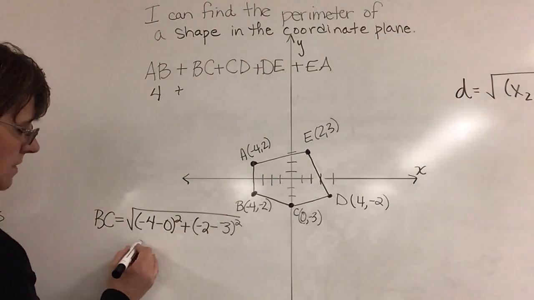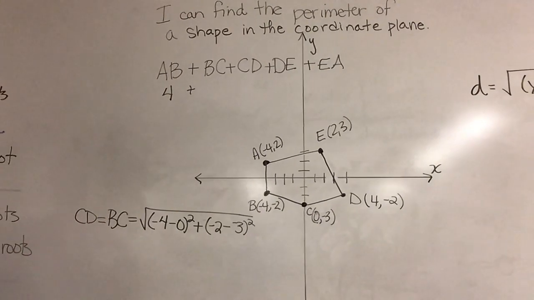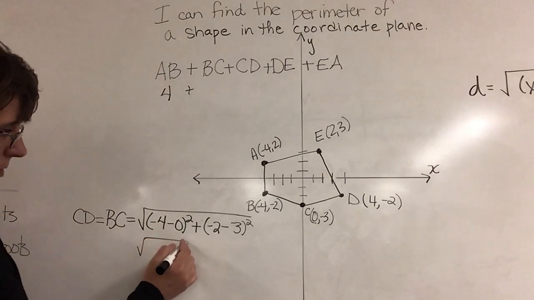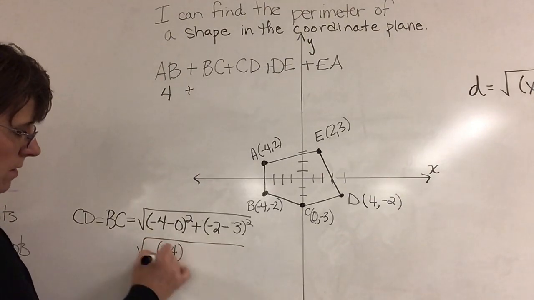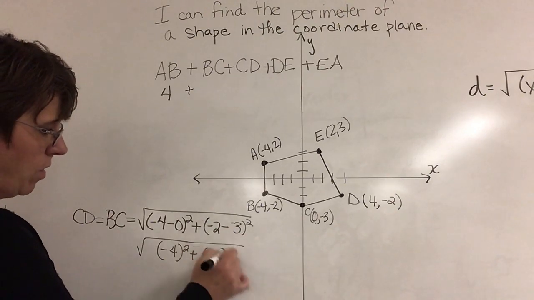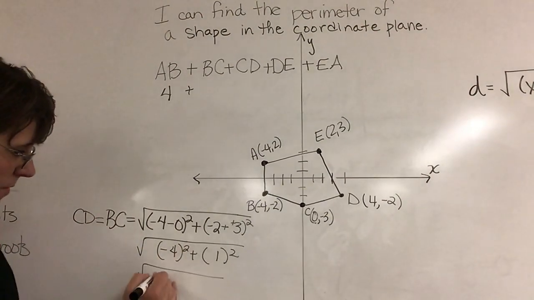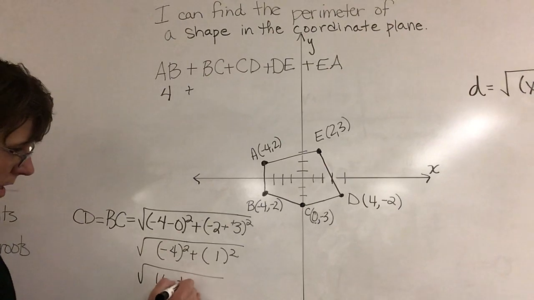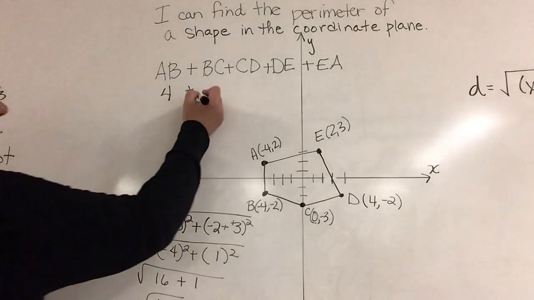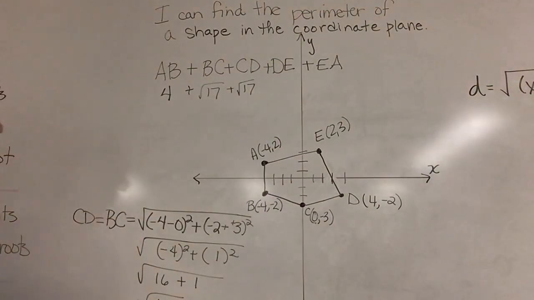So -4 minus 0, and I'm just going to put here that it's equal to CD because those two sides have the same length. -4 minus 0 is going to be -4. -2 minus -3 is going to be 1. And when I square these, I'm going to get 16 and 1. So I'm going to have the square root of 17. I'm not going to find out what that is right now. I'll get that in a bit.